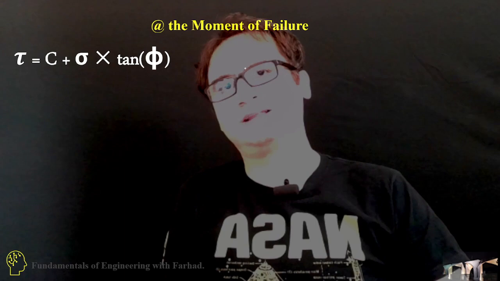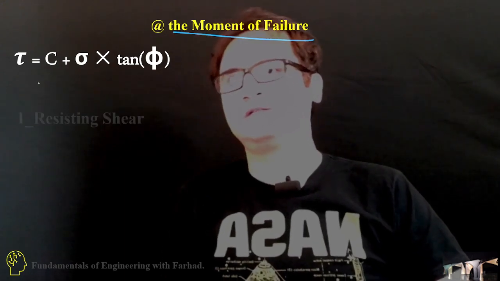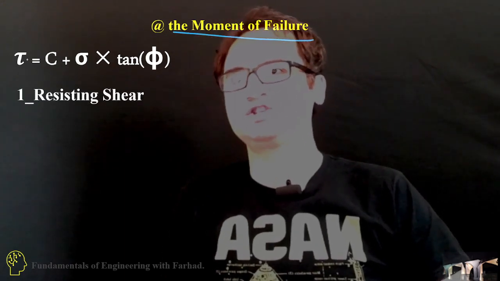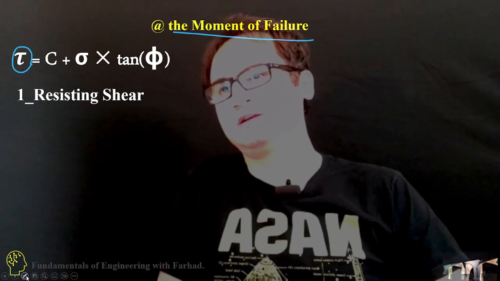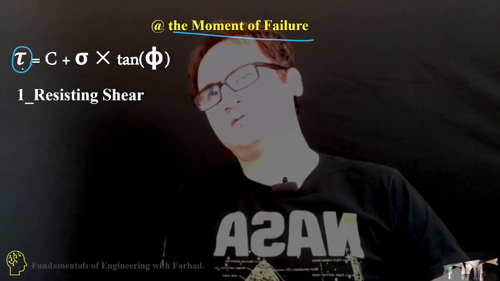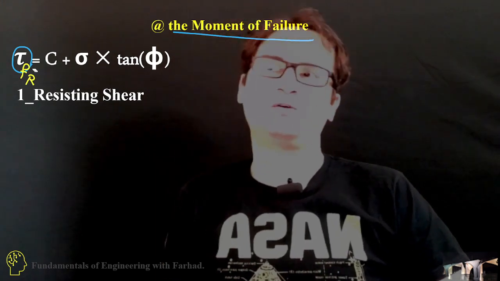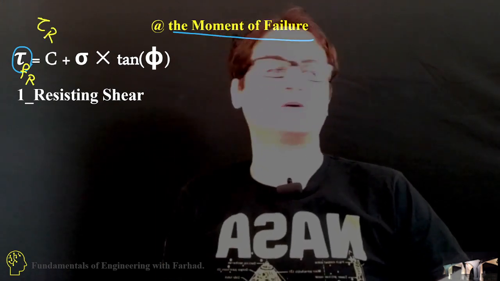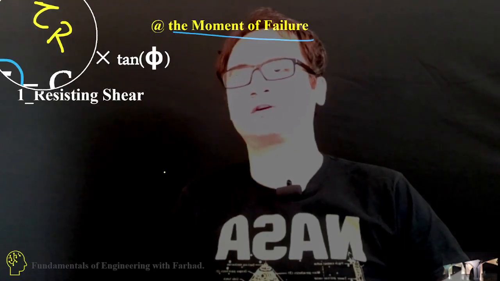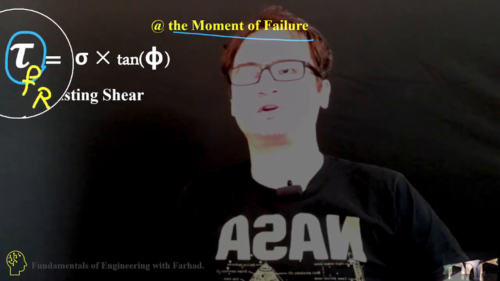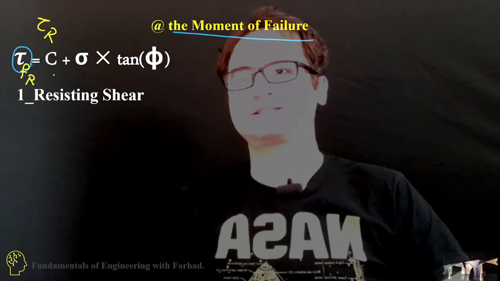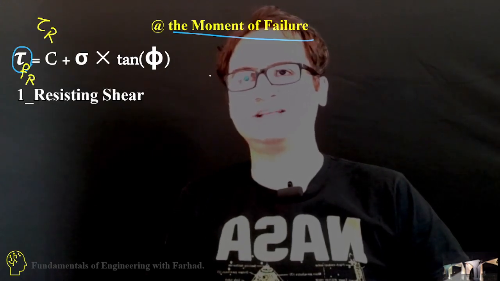Now let's see what is happening at the moment of failure. At the moment of failure, we have a resisting shear, which you can call tau resist or tau F resist, which is C plus sigma times tangent of phi.